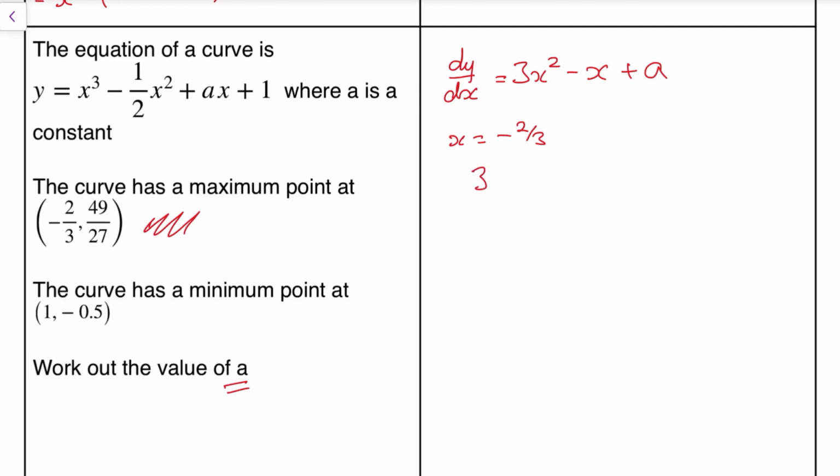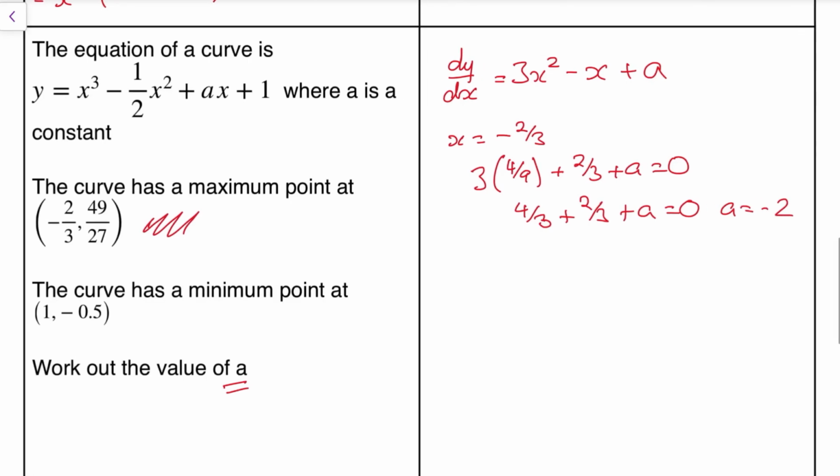So that means 3 times minus 2/3 squared, which is 4/9, minus 2/3 is plus 2/3, plus a is equal to 0, which means, well, 3/9 cancels one of the 3, so that's 4/3, plus 2/3 plus a is equal to 0. 4/3 plus 2/3 is 6/3, which is 2, which means that a is equal to minus 2.